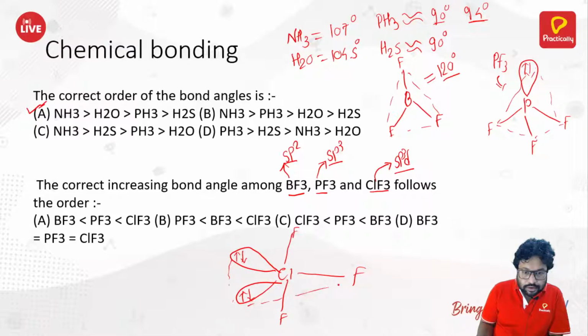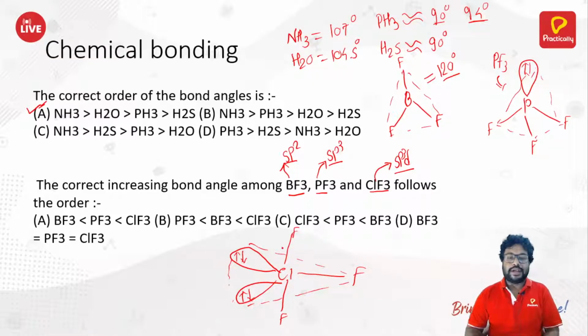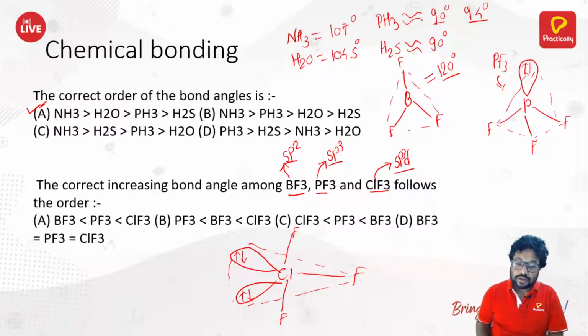But we do not consider the lone pair in the shape. In the geometry, you consider the lone pair, but in the shape, you do not. So what we consider is only the fluorines. And if you look at this compound, it is T-shaped.